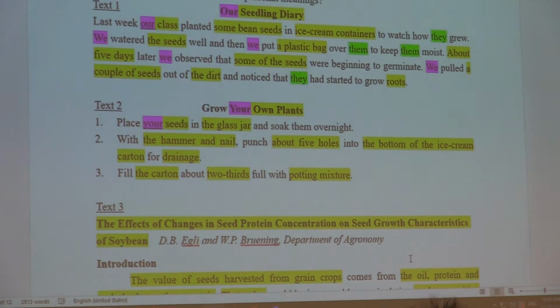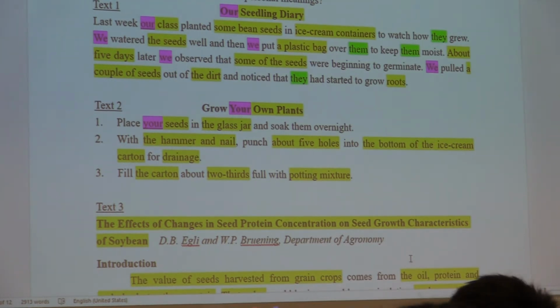Okay, then how about text 2? Grow your own plants. Are they similar to the first text? Some of the noun phrases, are they similar? Yeah, they look similar. So what is that similarity?